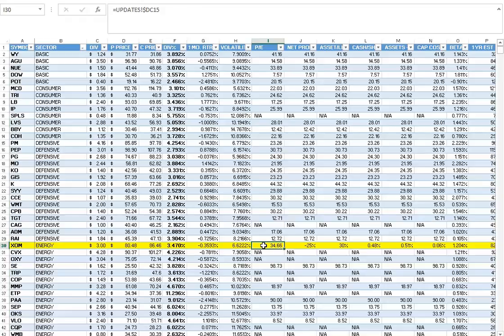Now, understand that you cannot look at a PE ratio number on its own and determine whether or not this is a good buy. It doesn't work that way. What you have to do is look at this number in reference to the other companies that are in its industry or in its sector.